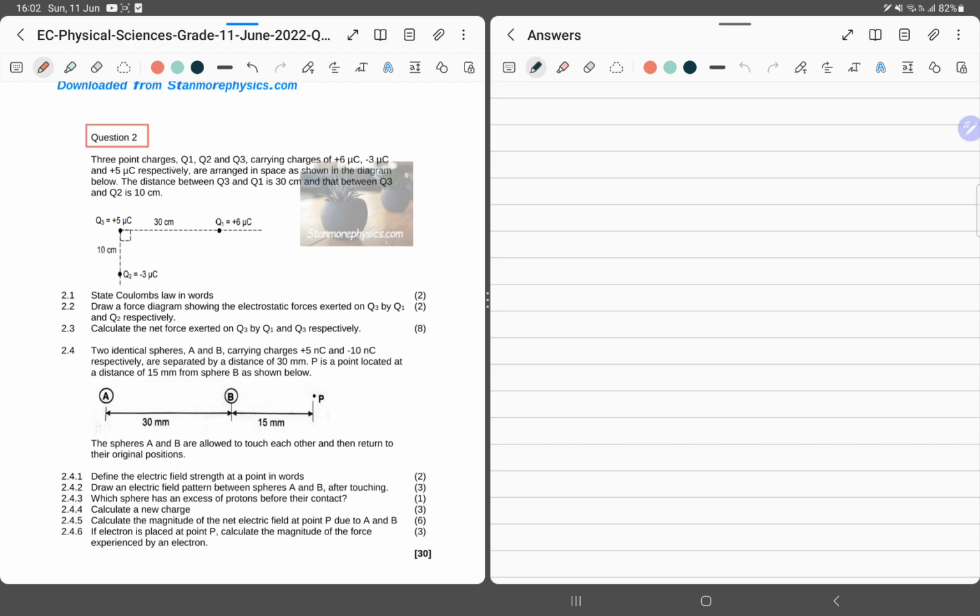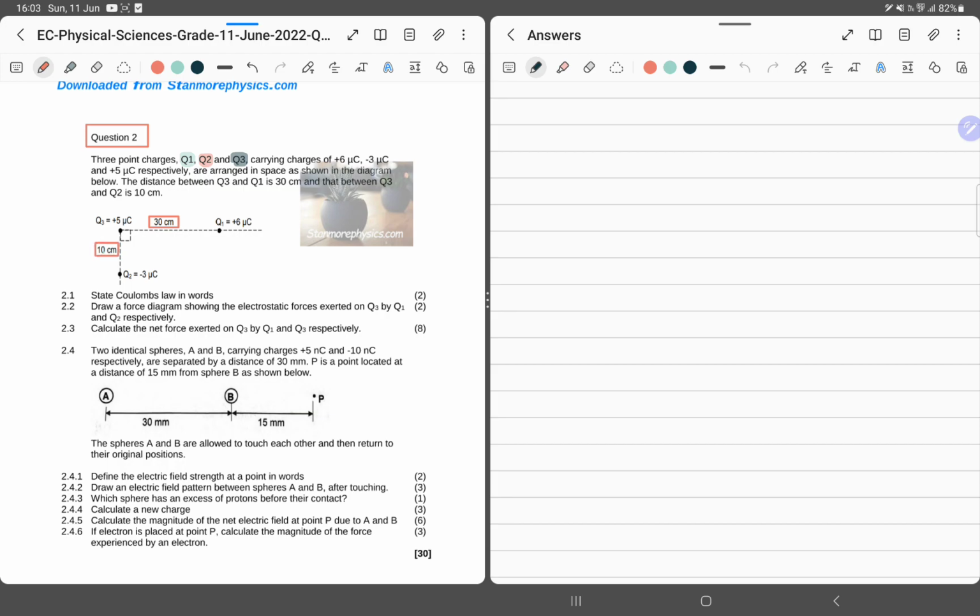Now, three point charges, Q1, Q2, and Q3, carrying charges of plus 6 microcoulombs, minus 3 microcoulombs, and plus 5 microcoulombs respectively, are arranged in space as shown in the diagram below. The distance between Q3 and Q1 is 30 centimeters, and that between Q3 and Q2 is 10 centimeters. And we can see all of that piece of information is given right there.